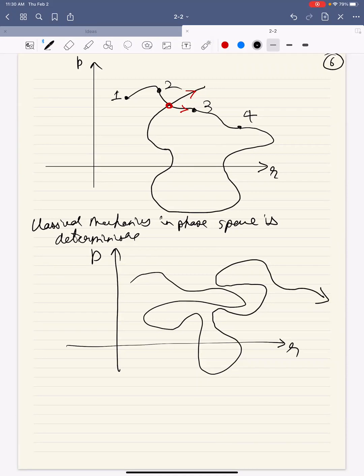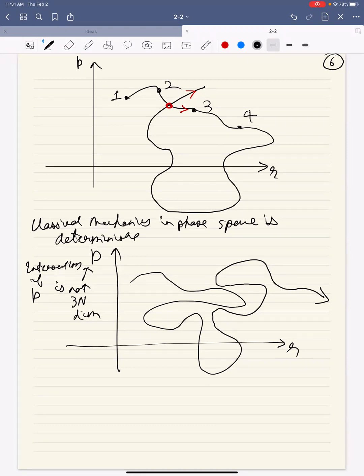It has to come infinitely close. That is ergodicity, actually. It has to come infinitely close, but it will never intersect. Intersections will happen if P is not 3n dimensional or R is not 3n dimensional, okay?